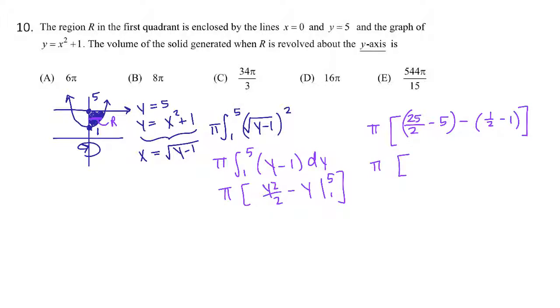So we have 25 halves minus 1/2, which is 24 halves. And negative 5 minus a negative 1, so that's going to be negative 4. And so that's going to be 12 minus 4, which is 8. So it looks like we got an answer of 8 pi. So that's going to be answer choice B.